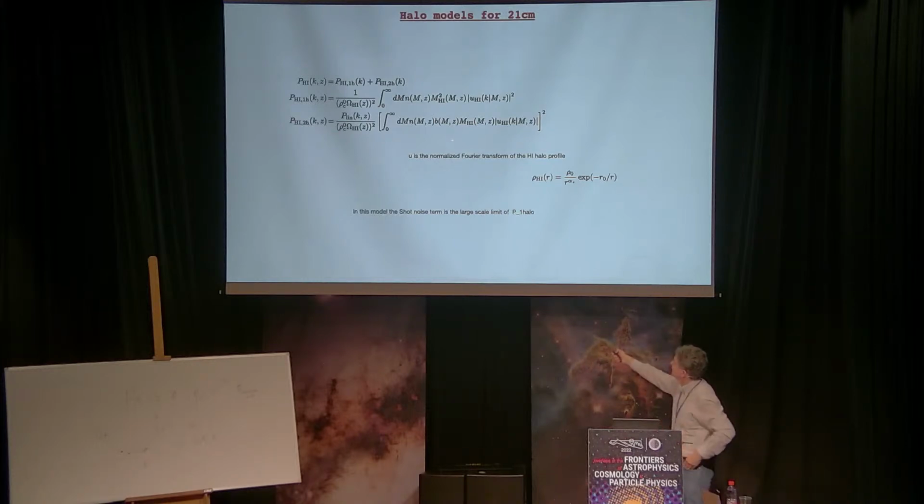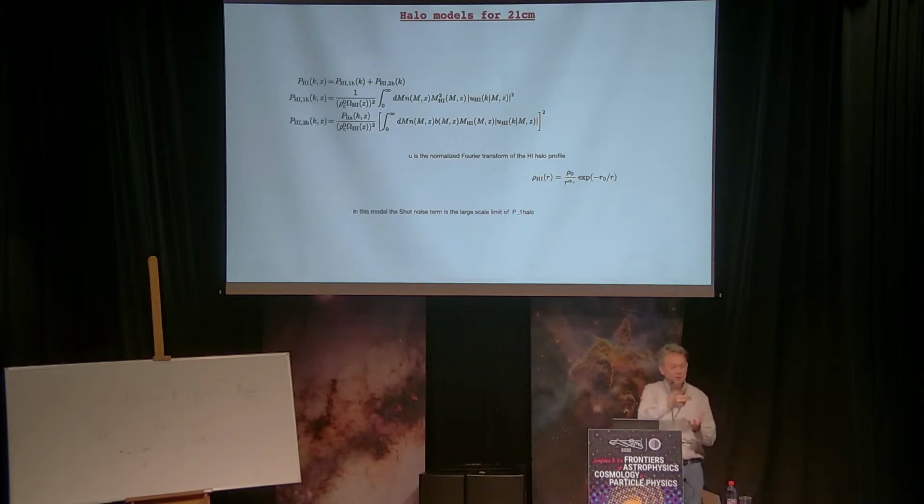And here you can see several quantities that are of interest. This is the mass function, which retains the cosmological information. It could be Press-Schechter, whatever you wish. This is the bias of the halo. You can plug in a simple linear bias model. And this is the relation that I was telling you before, that in our case plays the role of the luminosity, which is the relation between the mass of H1 in the halo with the mass of the halo, right?